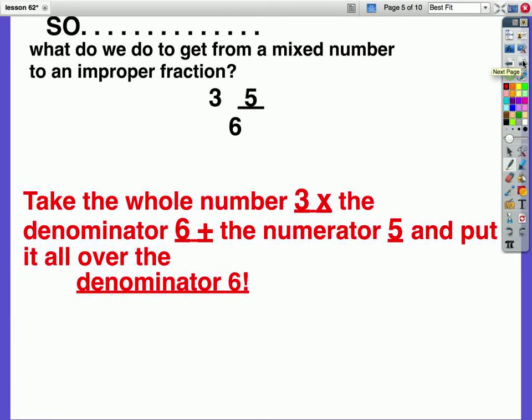So what do we do to get from a mixed number to an improper fraction? Rather than doing all that other stuff, let's think about this. We can take the whole number, which is 3, multiply by the denominator of 6, so 3 times 6, that's 18, and then we can just add the numerator, 5, and put it all over the same denominator.